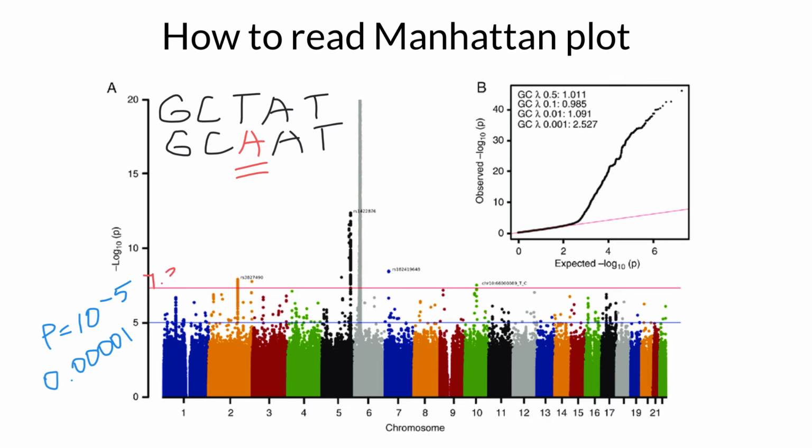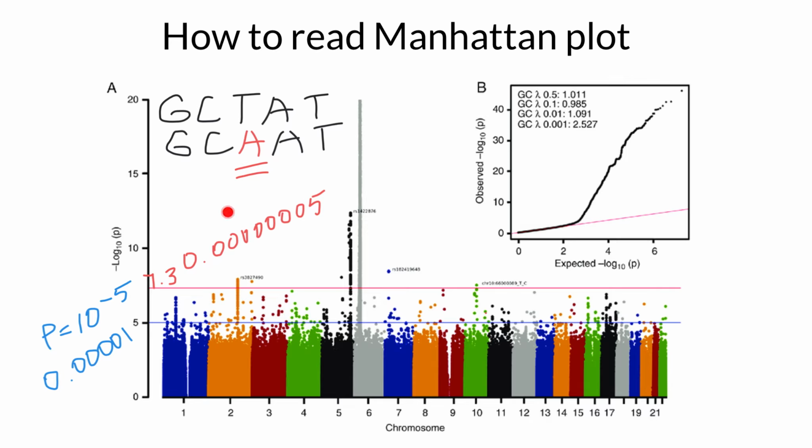This is the gold standard in genetics for genome-wide significance, and anything above this line is considered a real scientific discovery. And 7.3 in our calculations is roughly equal to 0.0000005. As you see, this number is much smaller than the number which represents the blue line.